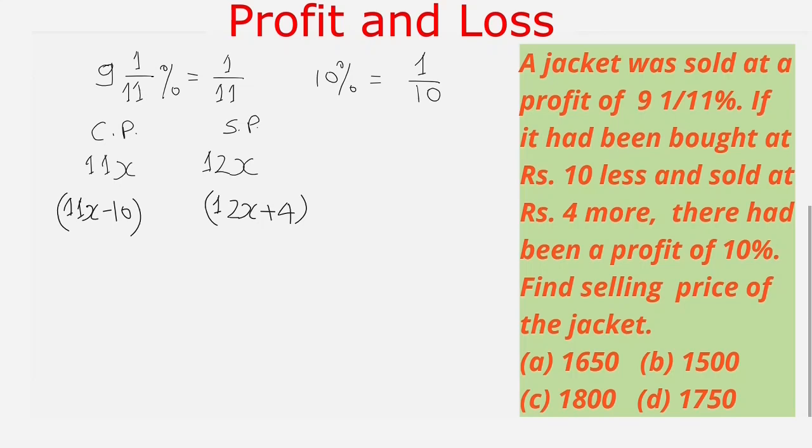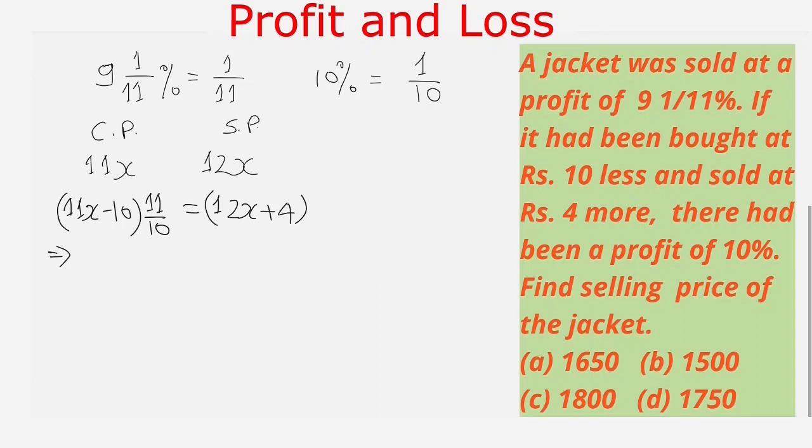So we multiply the cost price by 11 upon 10, because if anything costs 10, then it has a profit of 10%, which is 1, and 10 plus 1 is 11. So we multiplied the cost price by 11 upon 10 so that it becomes the sale price. Therefore 11x minus 10 multiplied by 11 upon 10 is equal to 12x plus 4.